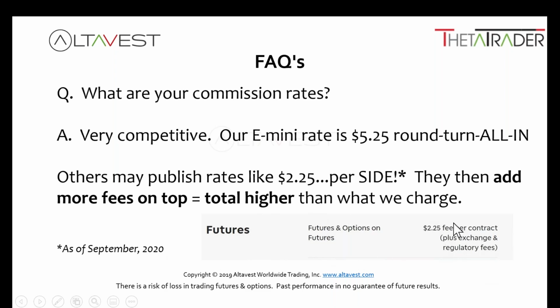They say they're charging 2.25 per contract. And you think, oh, gee, that's less than 5.25. Well, first of all, that's per side, and they don't add the exchange and regulatory fees on top of that, which ends up being more than what we charge. So our rates are competitive, and beyond that, we're offering a completely different level of service than these other brokerage firms that have just phone clerks.